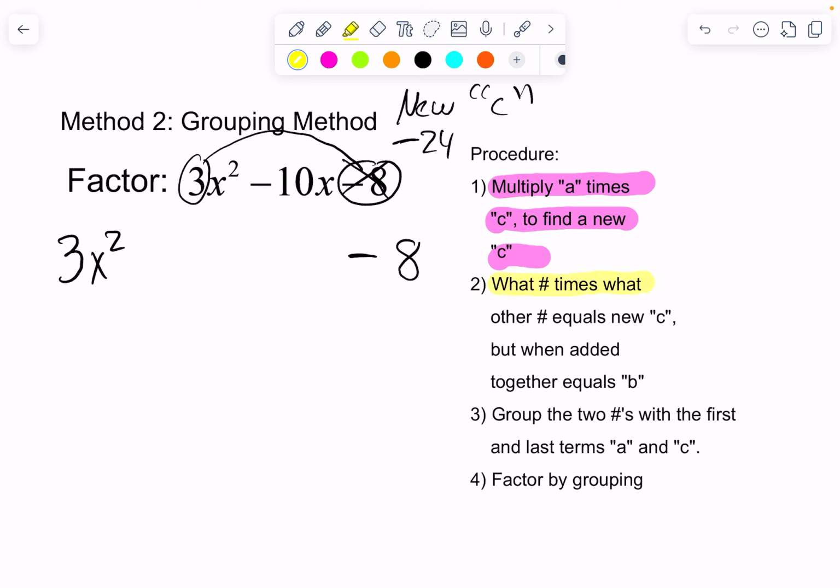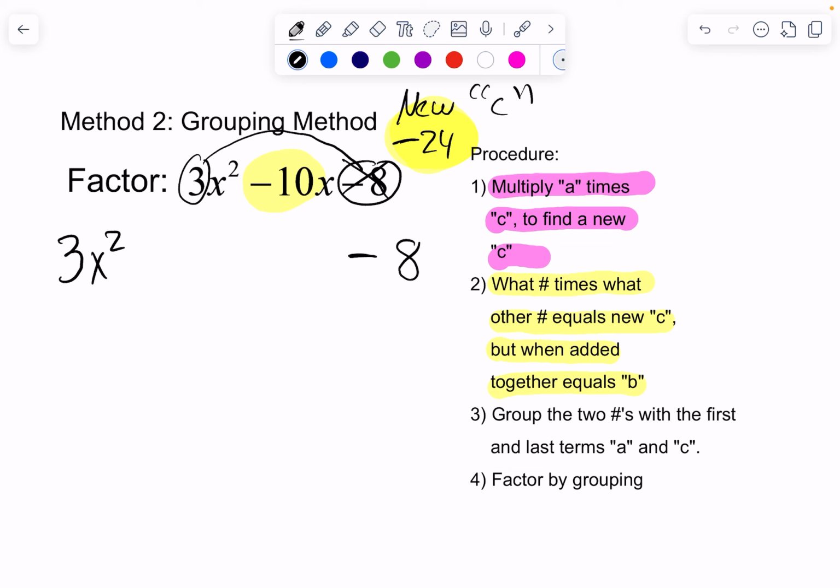Okay, now step 2. What number times what other number equals the new C, but when added together equals B? Same exact question. What times what equals negative 24, but when added together equals negative 10?